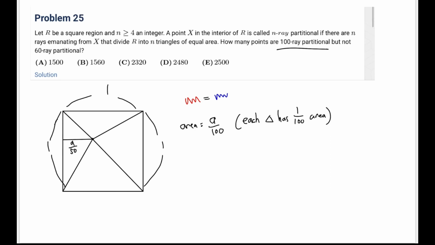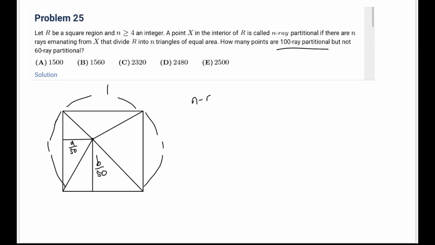The same thing with this triangle here. Let's say that there are B triangles in this one, and the area would be B over 100 for the same reason, so this would be B over 50. And this is when it's 100 ray partitional.